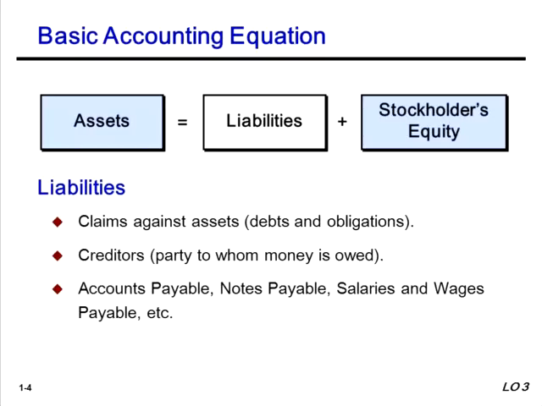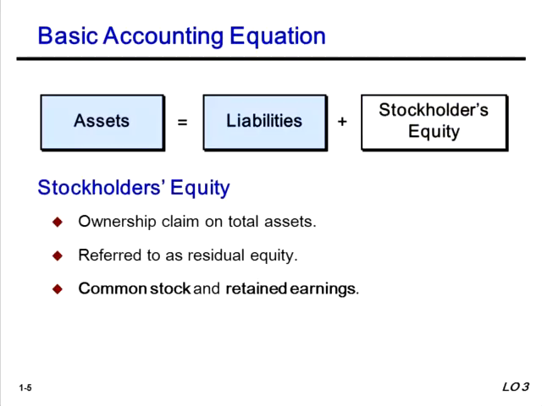Right, now we go to the next slide, which highlights stockholders' equity. The stockholders' equity represents the dollar amount of funding that the investors provide to the corporation to fund its assets. There are two components of stockholders' equity. One is common stock, and later on in the semester we'll get into other types of stock.